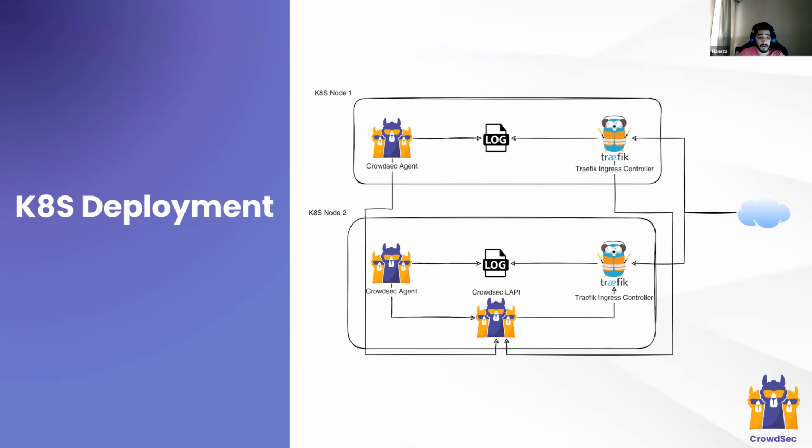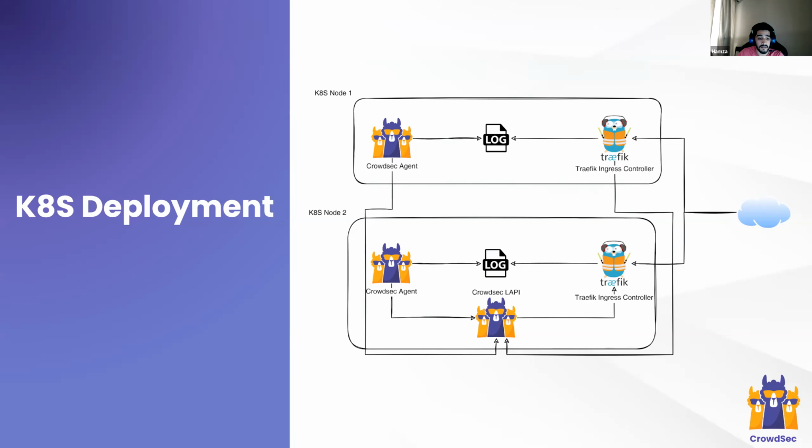So when a user asks for access to a web application, Traefik will raise some logs that are processed and analyzed by the CrowdSec agents. And if there are bad behaviors, the CrowdSec agents will raise the alert to the CrowdSec API.